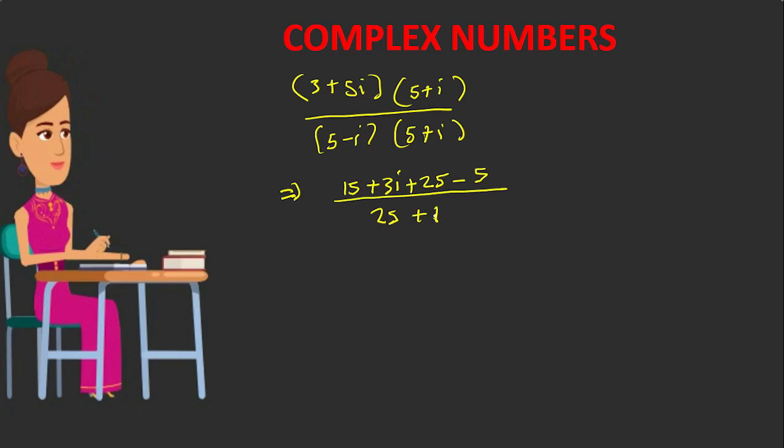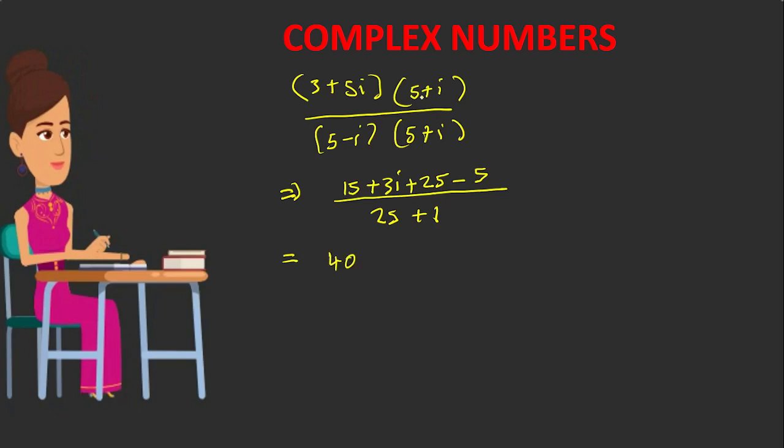After you solve like that, you can easily work on the like terms. So if you look at the like terms there, you have 5 plus 5, and then 3i plus what?